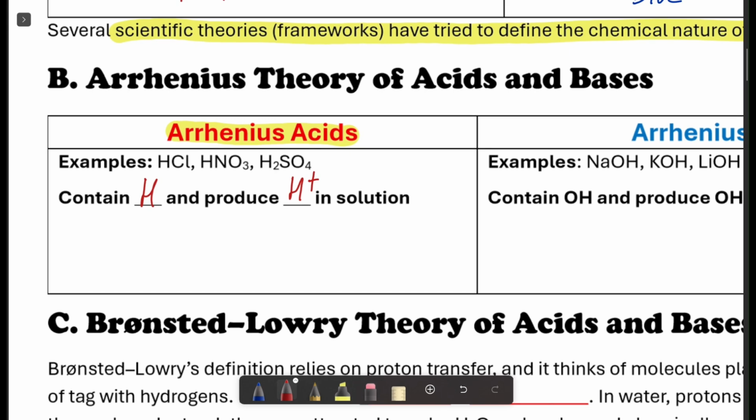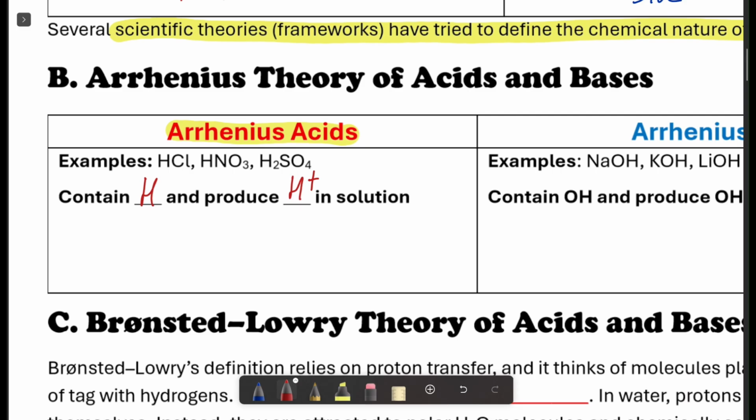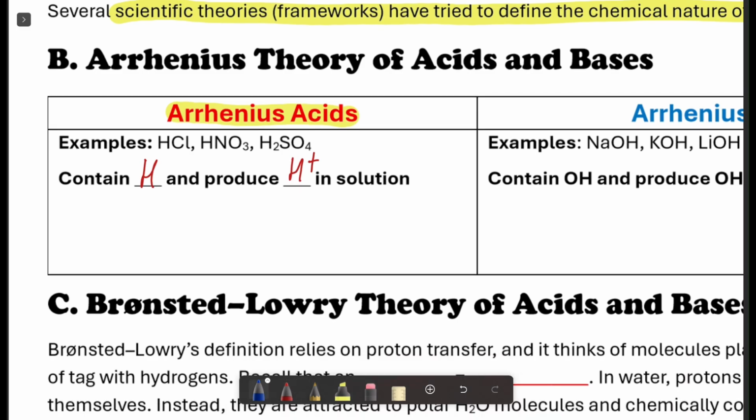That worked pretty well for our bell work, right? You've got hydrochloric acid, nitrous acid, sulfuric acid. Okay, so here's an example. If I take hydrochloric acid, that's the same stuff that's in your stomach, and there's water in your stomach.